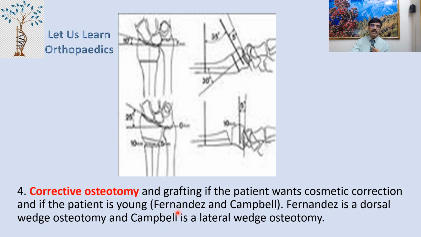One is Fernandez and another is Campbell. So for the dorsal displacement, we need to do the Fernandez dorsal vase osteotomy, and for the lateral displacement, we need to do Campbell's lateral vase osteotomy.